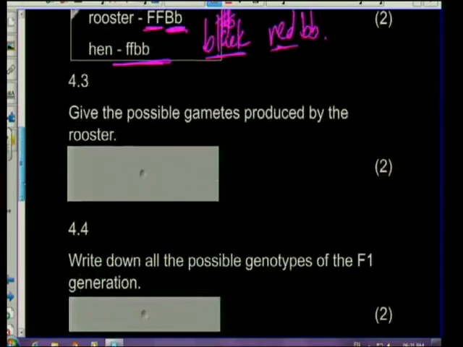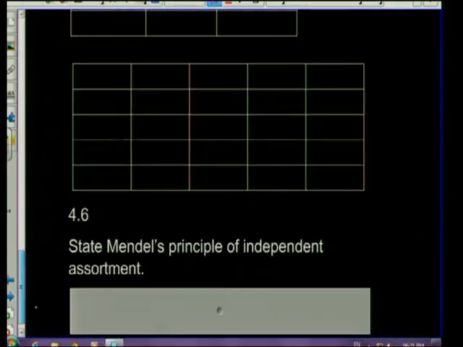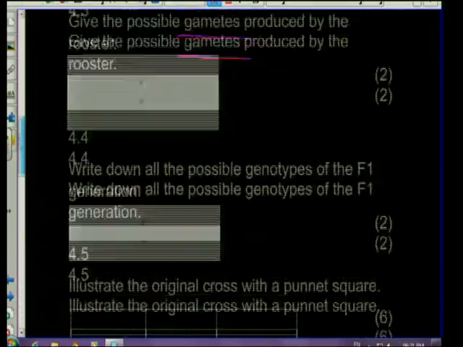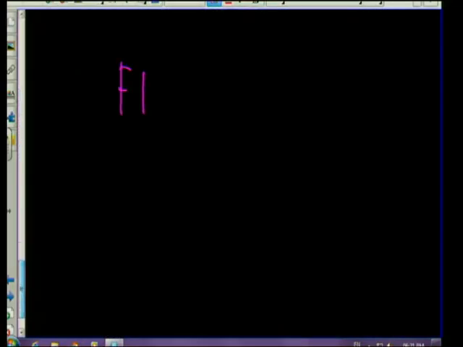Give the possible gametes produced by the rooster. Now here I want to show you a trick. The rooster's genotype was capital FF and big B small b. In this dihybrid cross, the easiest way to work out the gametes is to do a small monohybrid cross.